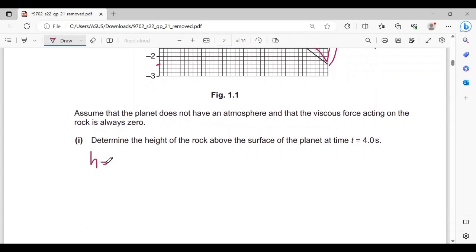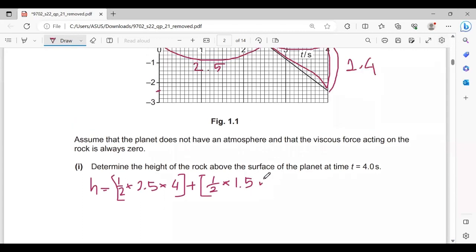Height equals, first triangle, a half times 2.5 times 4, and the second triangle, a half times 1.5 times 2.4.